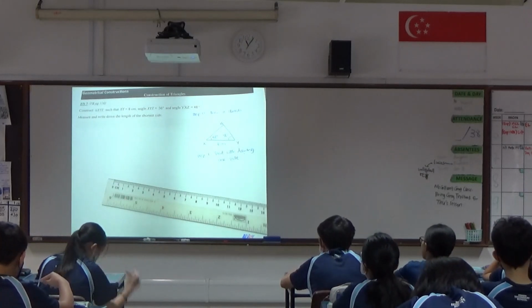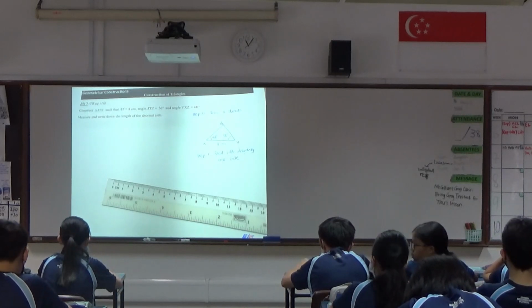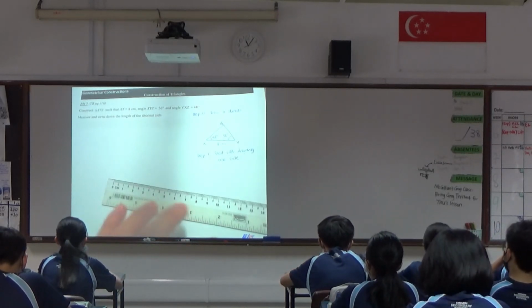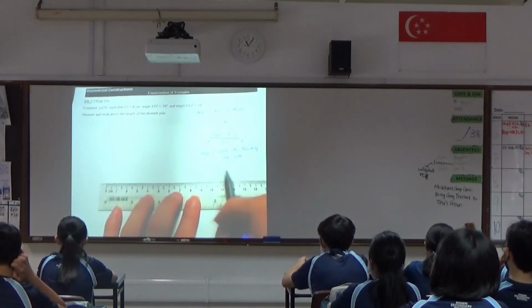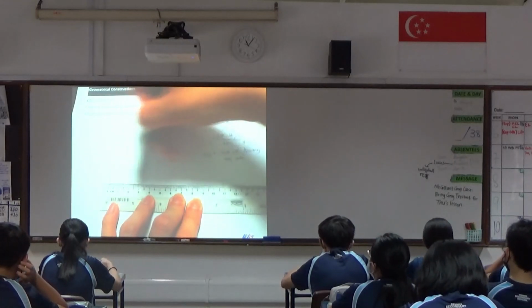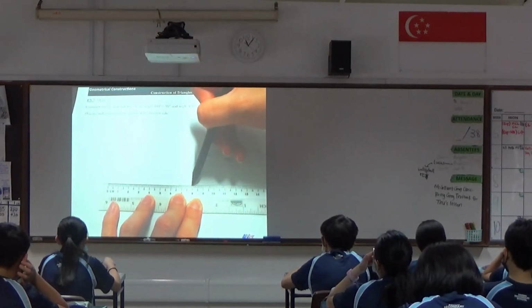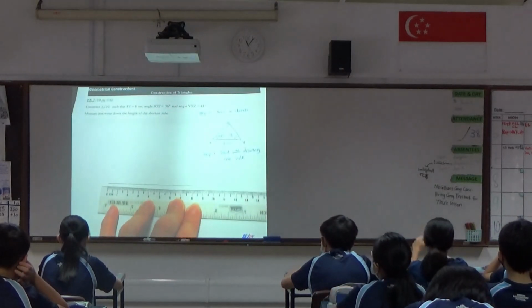I want everybody's attention on the whiteboard. Don't write, watch what I do. The question says XY is 8 cm. I believe you know how to use a ruler. If you don't, I don't know what you are doing in secondary school. So we draw a line 8 cm long.